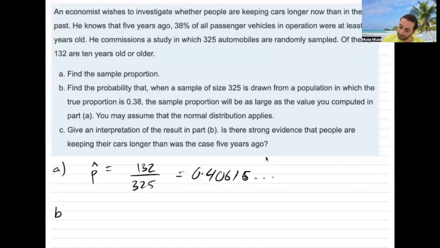Part B. Find the probability that when a sample of that size is drawn from the population, in which the true proportion is 0.38, so that means that's the p, the sample proportion will be as large as the value computed in part A. Will be as large as. So does it mean larger or more?